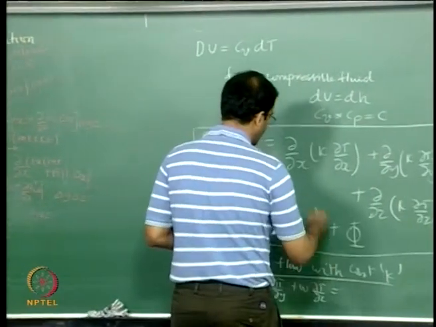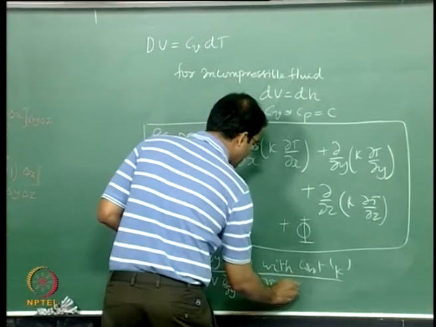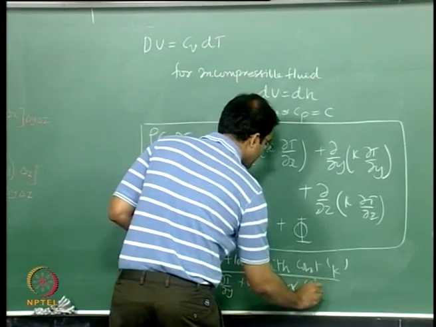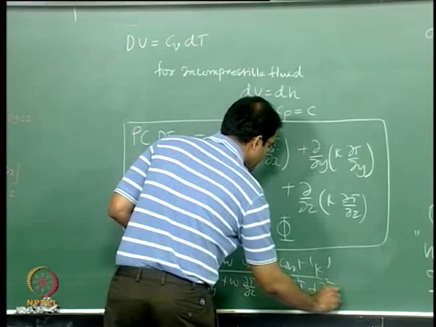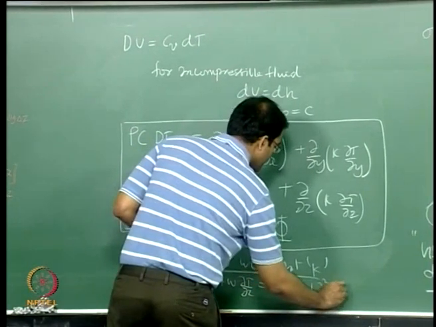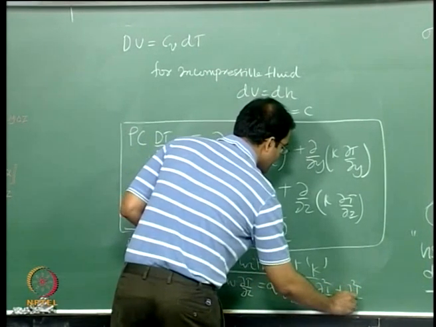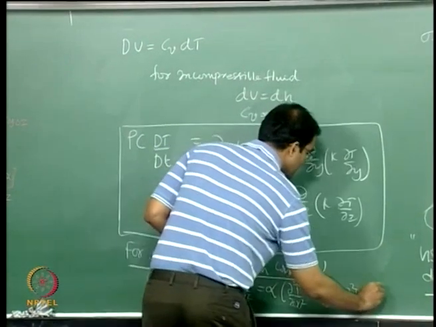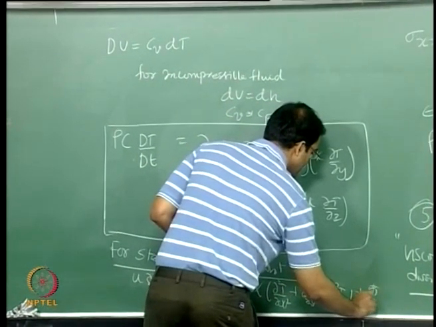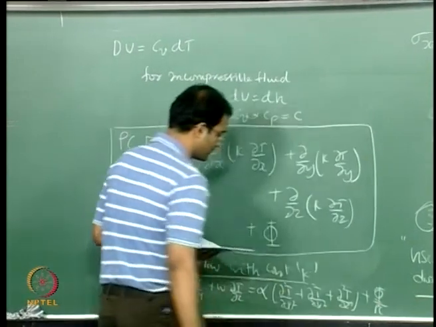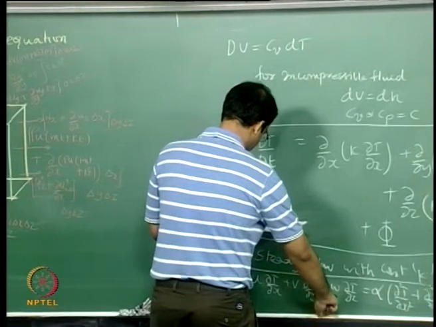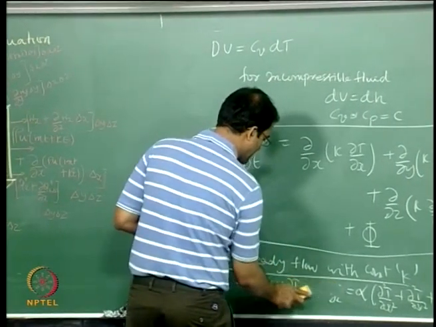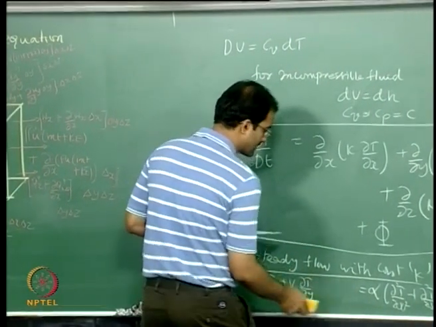So I can write my k by rho C as alpha times d square T by dx square plus d square T by dy square plus d square T by dz square, plus phi by rho C. Okay. So for 2-dimensional flows I can make a further approximation that the third dimension is not important.